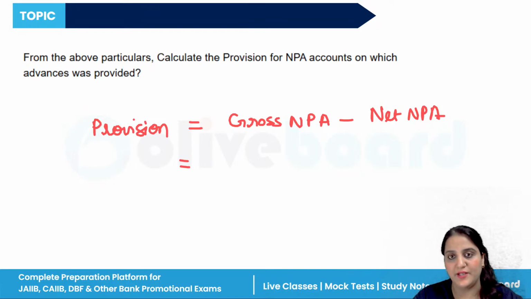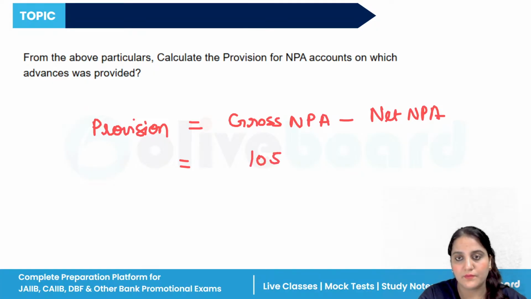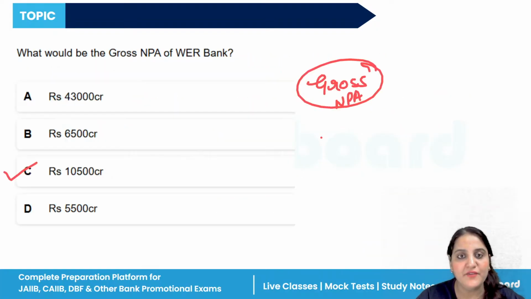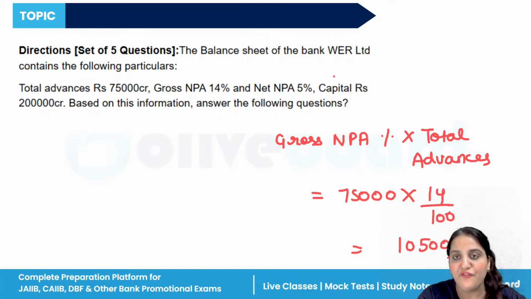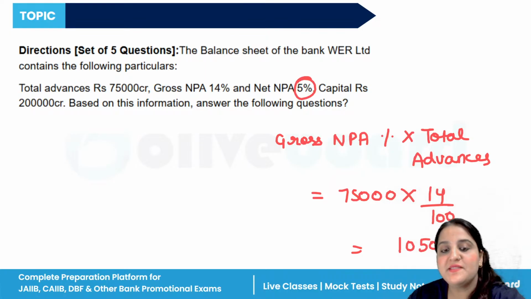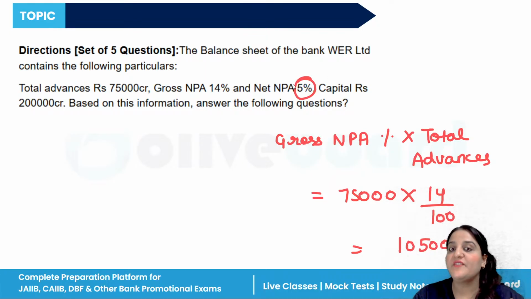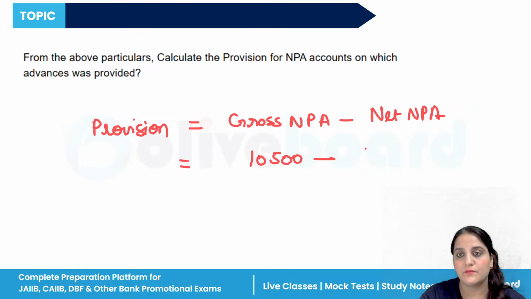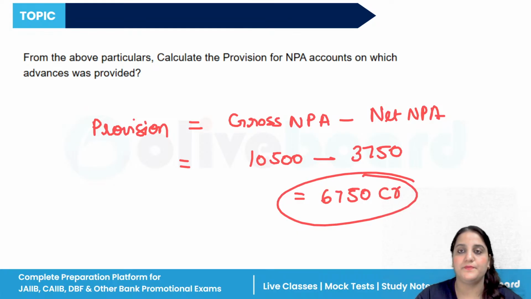Gross NPA we calculated 10,500 crore, right? For the net NPA there is 5%. 5% of what? Of 75,000 crore, which is equal to 3,750 crore. So it is equal to 6,750 crore. This is the provision.